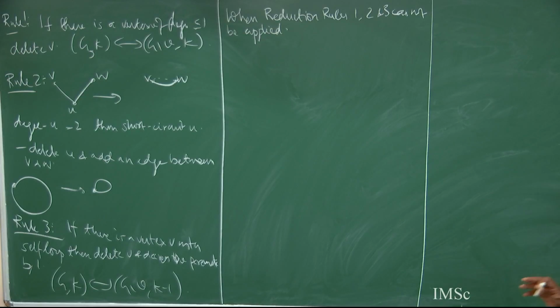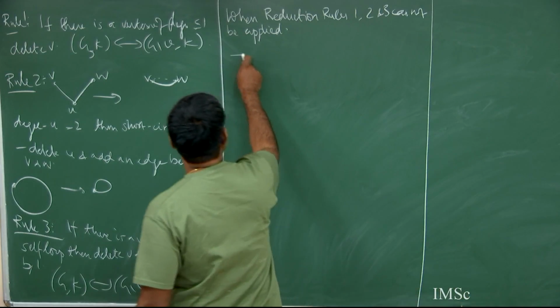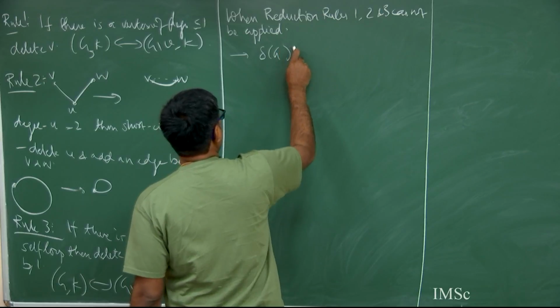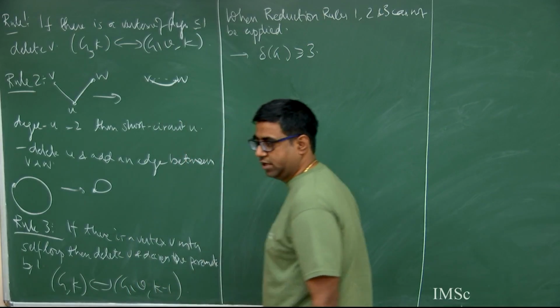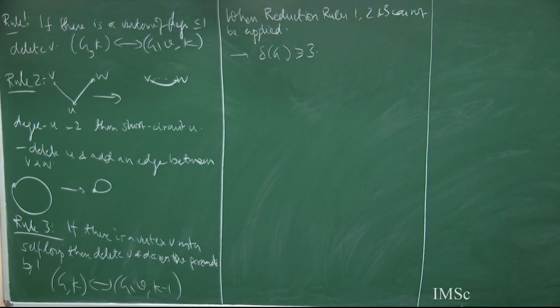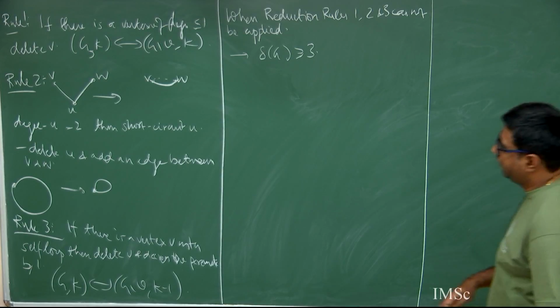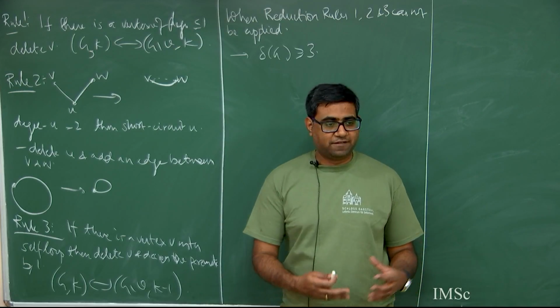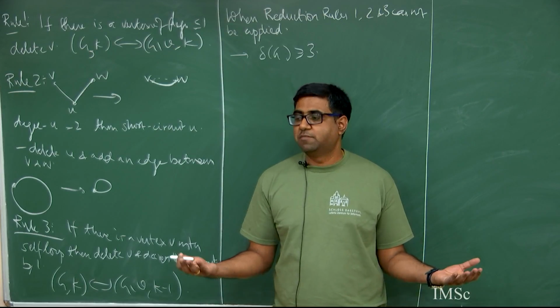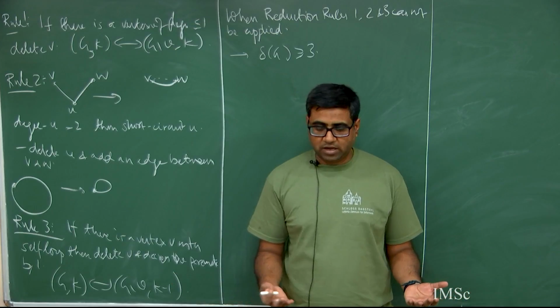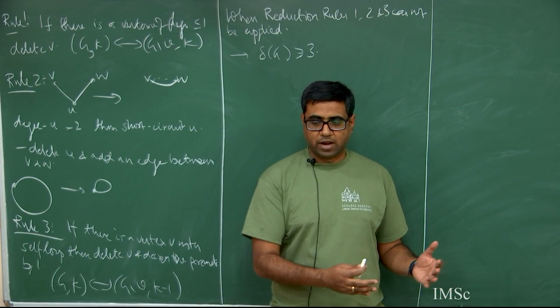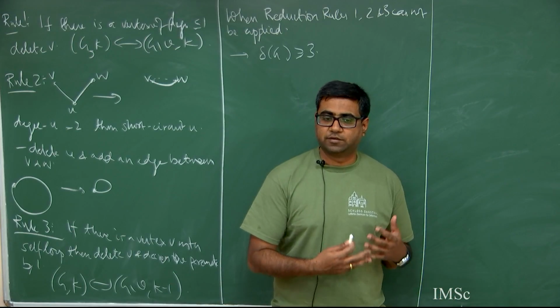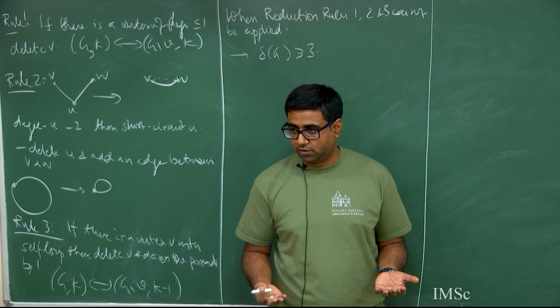But we can also say something else, because after application of these rules, k decreases. It could be that the graph has a cycle but my parameter is 0. We are asking whether a graph that has a cycle has a feedback vertex set of size 0. Well, the answer is no.